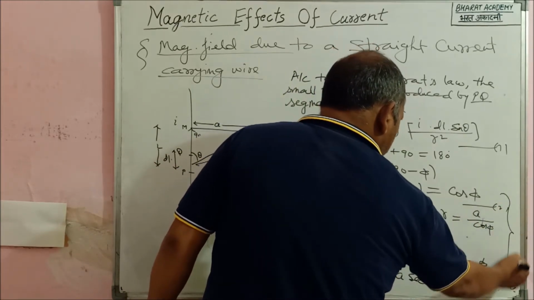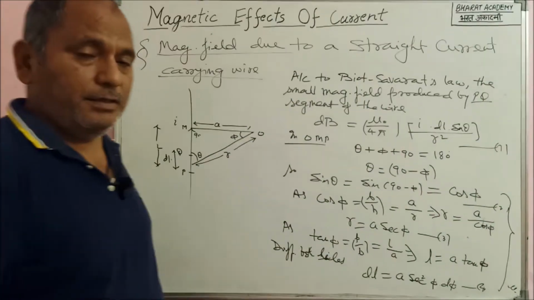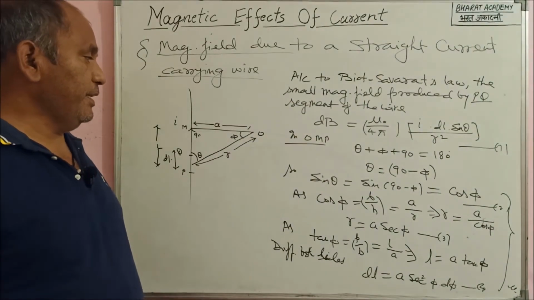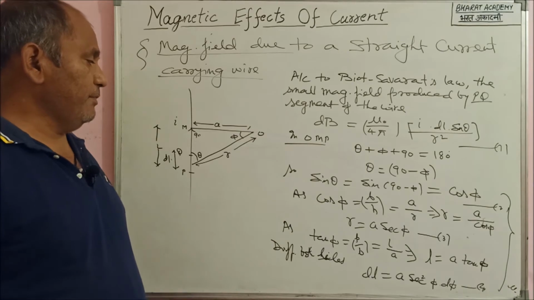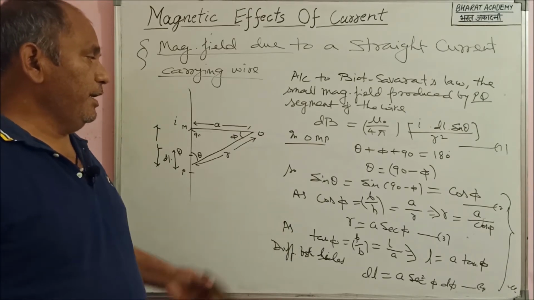These three substitutions we have to make here: first theta as 90 minus phi, then r, then dl.